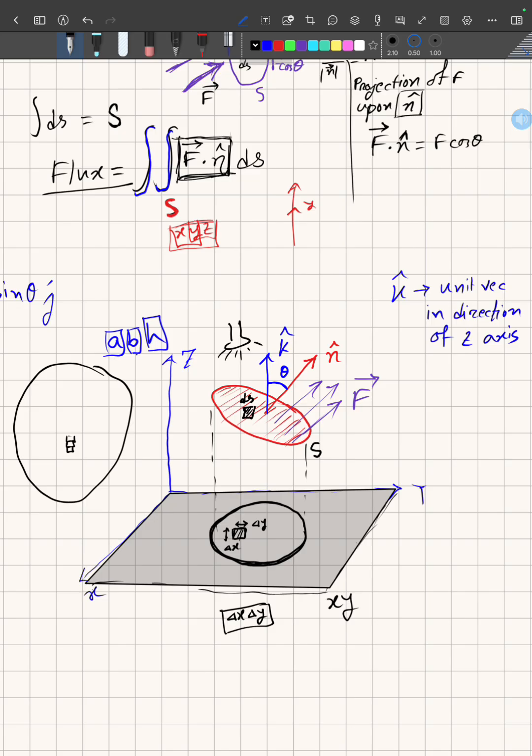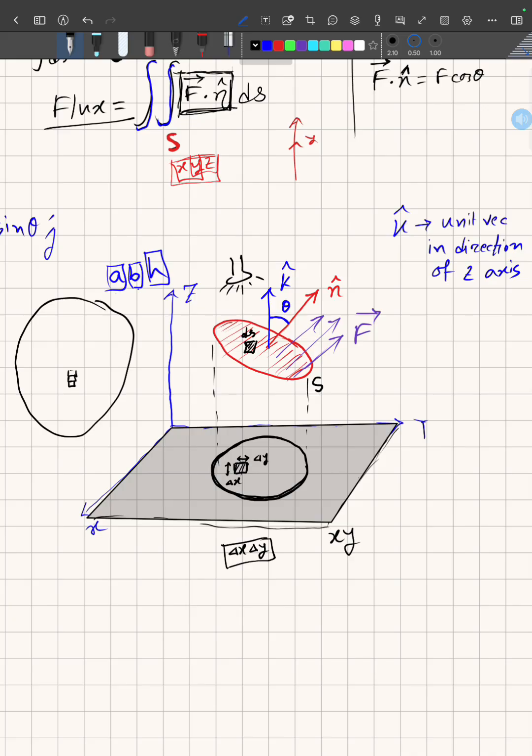If we want to take a projection on a plane, in 3D geometry, we learned that... I made a mistake. Well, del x times del y, this projection surface, will be ds times the cos theta.